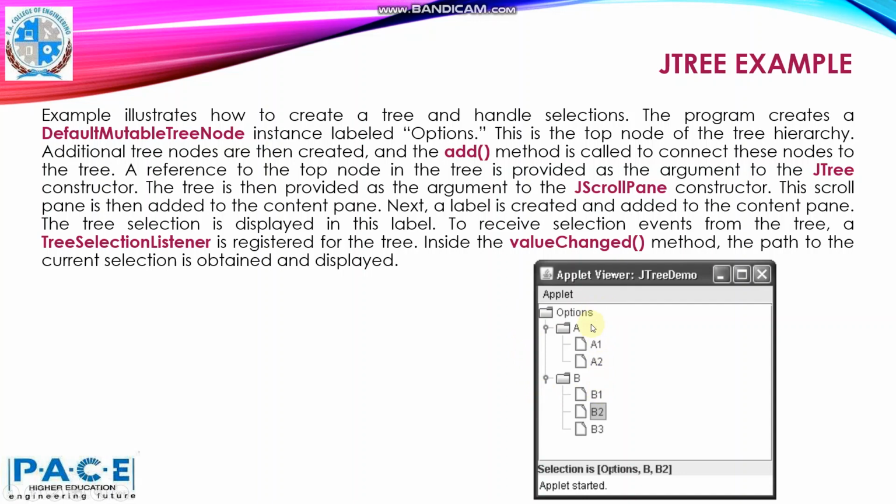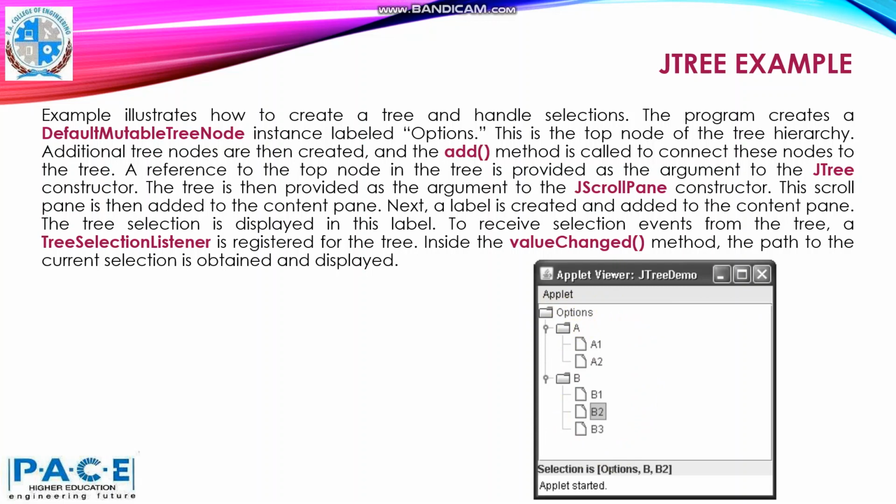Then we create two nodes A1 and A2, and we add A1 and A2 to A. So this forms the subtree of A. Similarly, we create three nodes B1, B2, B3, and we add them to B. So this creates the subtree B, right? And A and B are already added to options. So this way our tree is formed.